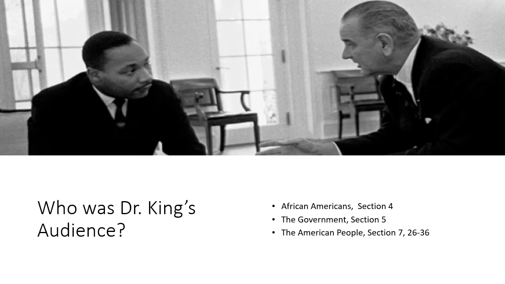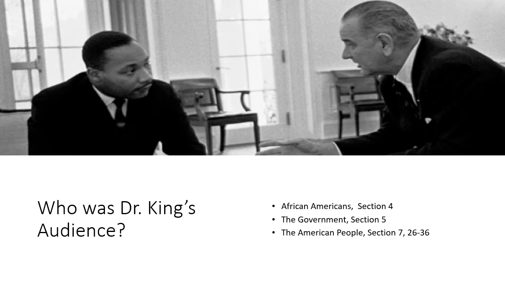So in Section 7, when he's talking about coming to this hallowed spot to remind America of the urgency of now, he's talking about all of us, everyone. And then it gets a little more specific in Section 26 when he starts naming different things in America.